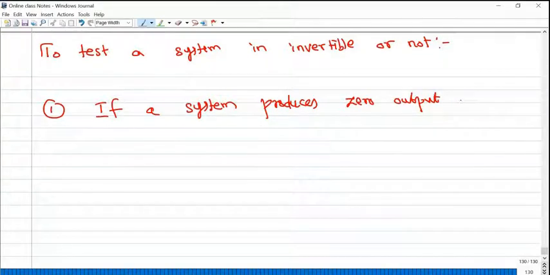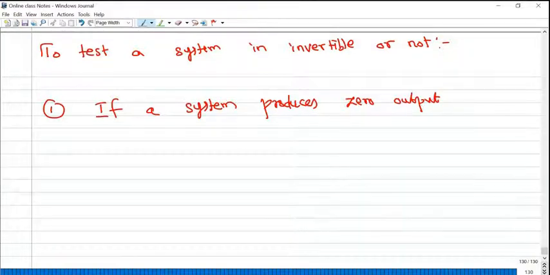if cos pi by 2, what is the value of cos pi by 2? 0, sir. So we cannot guess whether the sine function is the input or the cos function is the input.